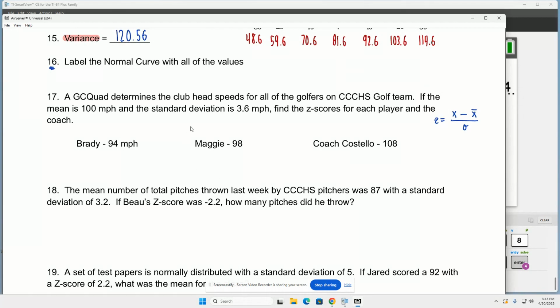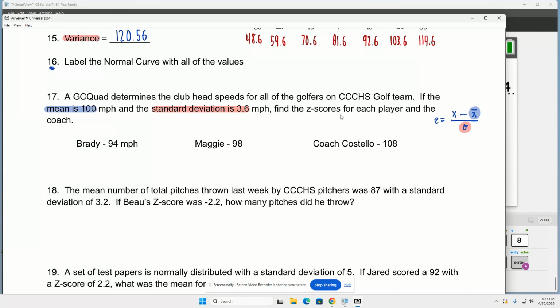So what did the question give me? It gave me the mean. The mean is 100. Guys, that's right here. That's where 100 is going to go. And it gave me the standard deviation. That goes here. So when I talk about Brady's speed, Maggie's speed, and Costello's speed, that has to be the value that goes where then?